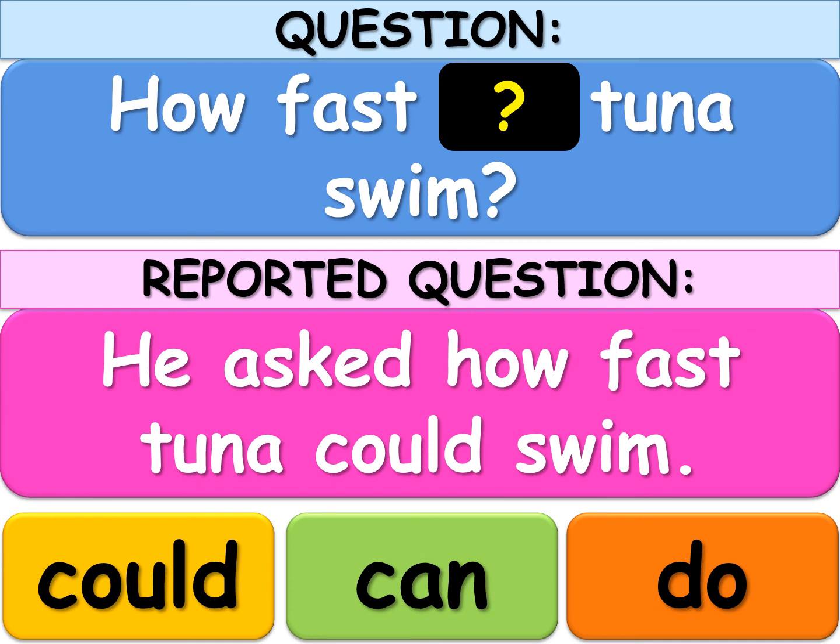How fast blank tuna swim? He asked how fast tuna could swim. So to finish this question, would we use could, can, or do? And the right answer is can. How fast can tuna swim? He asked how fast tuna could swim.